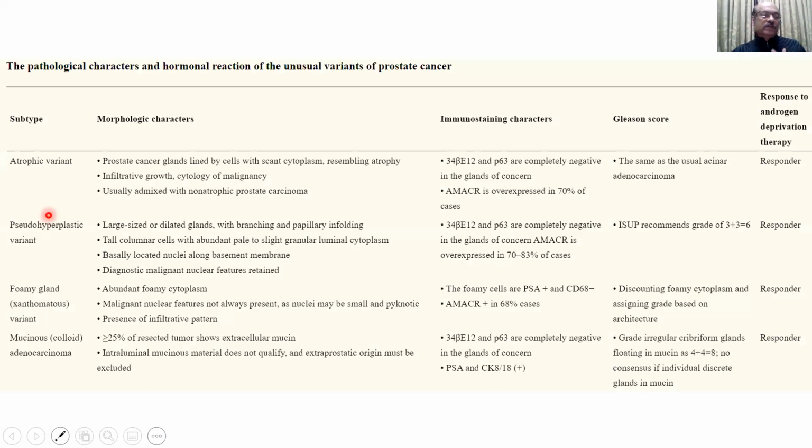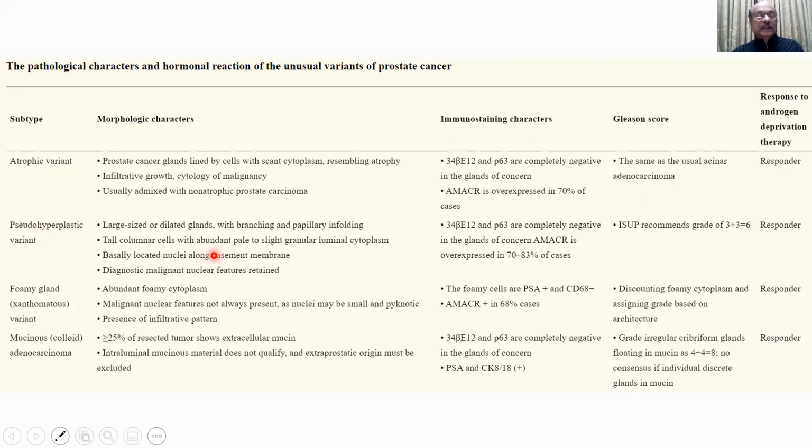Now this is a table which shows the subtypes, morphological patterns, immunohistochemical characteristics, Gleason score, and response to androgen deprivation therapy. So atrophic variant, here their scoring is done as usual, Gleason score, and they are androgen responders.